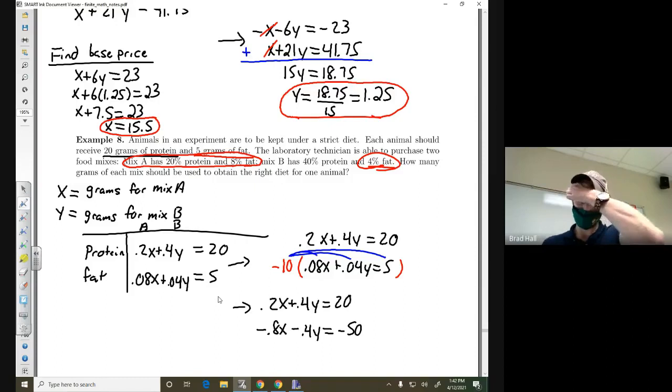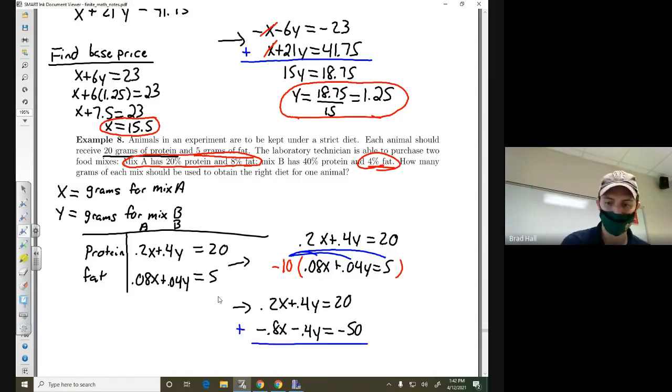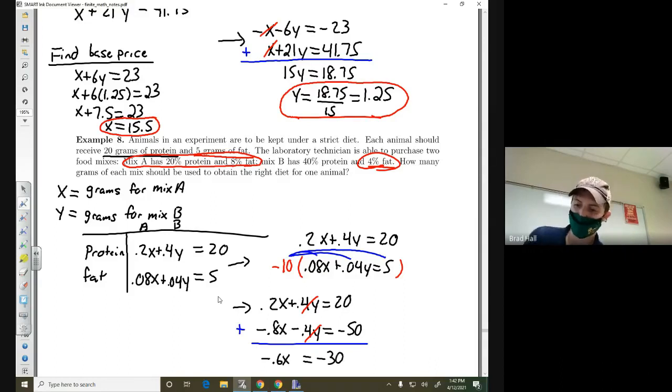So from here, all we have to do is add these two together. Because once we add these two together, we get a cancellation of these y terms. Because we're adding these two terms together, they cancel out. And now we bring everything else together. That's negative 0.6x is equal to, really it's negative 30.